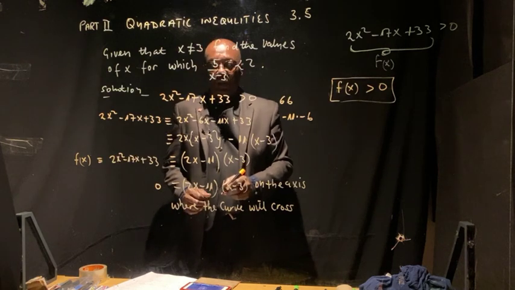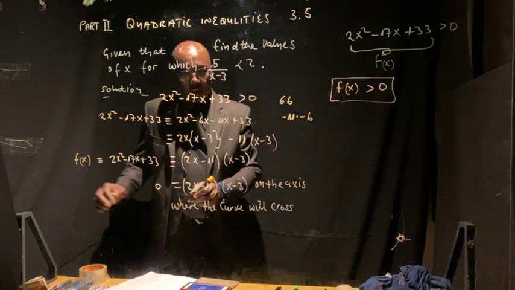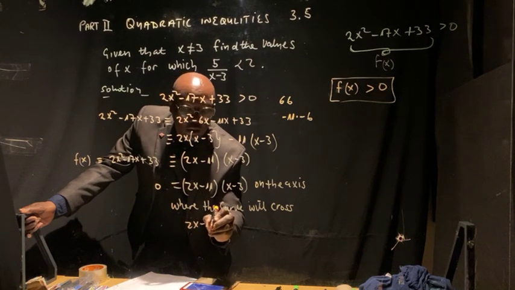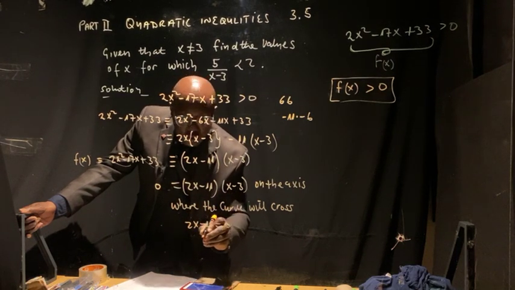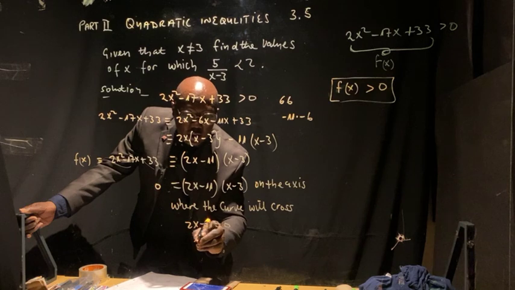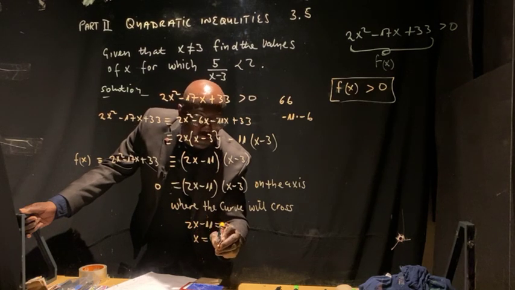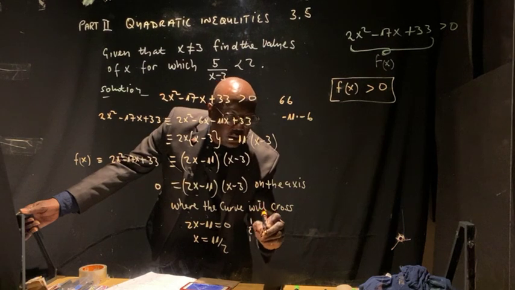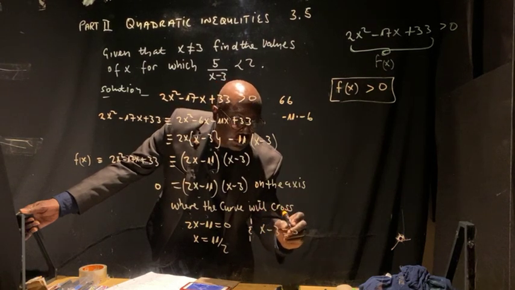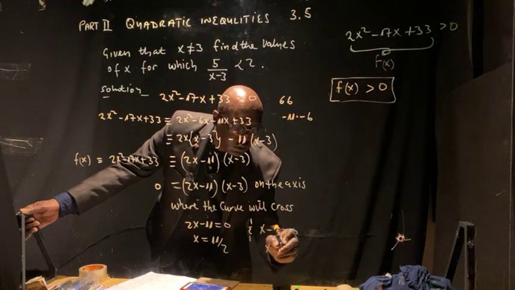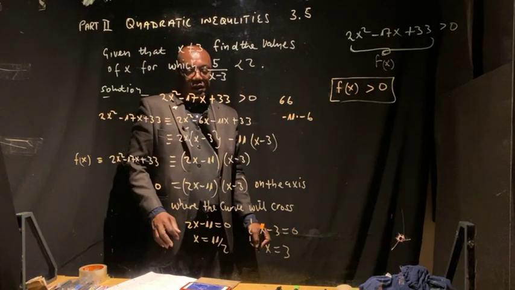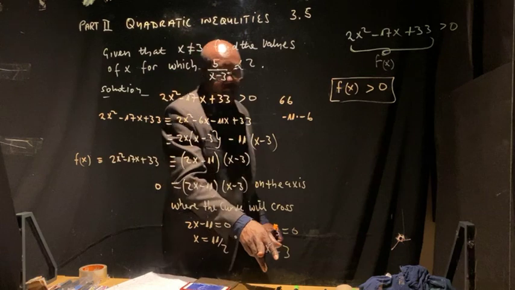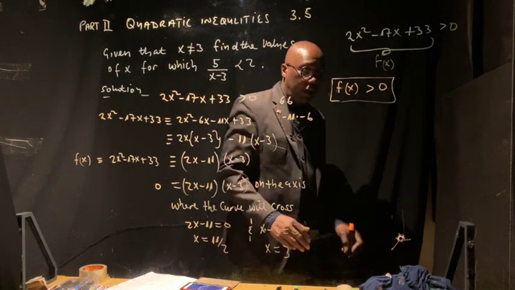In that case, 2x minus 11 equals 0, which indicates that x equals 11 over 2. Also, x minus 3 equals 0, which indicates x equals 3. This means the curve will cross the x-axis at 11 over 2 and at 3.